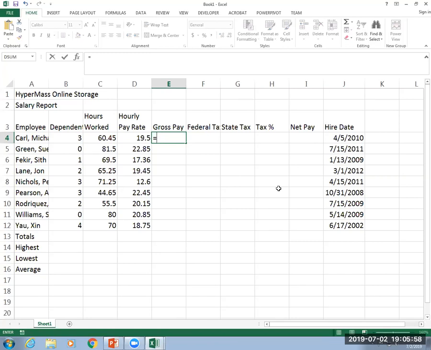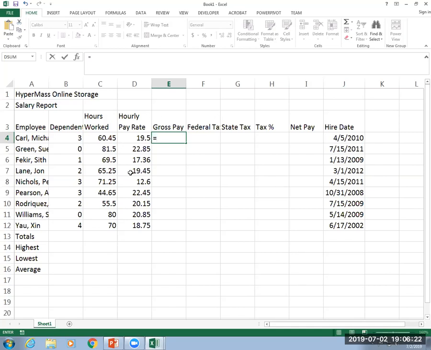And then we could do one of several things. We could either type in our calculation if we knew what the appropriate cell numbers are. So in this case, the hours worked is C4. So I could either type in C4 or I could click on C4.